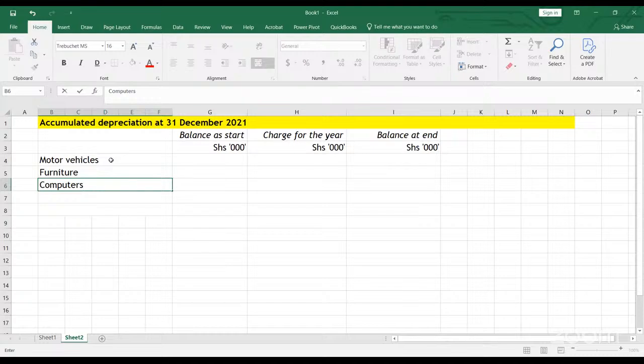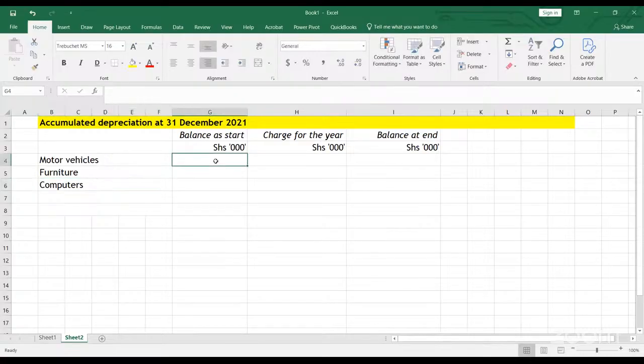For the motor vehicles, it is 30,000, the accumulated depreciation from the trial balance. Then furniture, 1,800. Then the computers, 4,800.